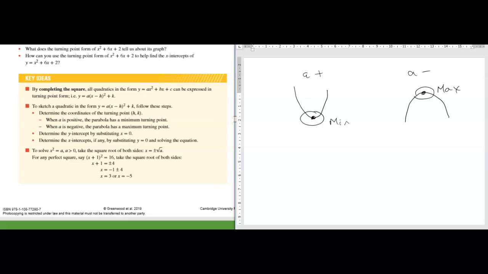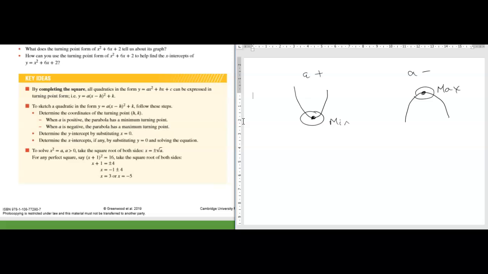As soon as you see your value of a, whether it's just negative, or -2, -100, or positive numbers, you should know straight away what is happening with your graph. If a is positive, it's a positive parabola with a minimum turning point. If a is negative, you have an upside down parabola with a maximum turning point.